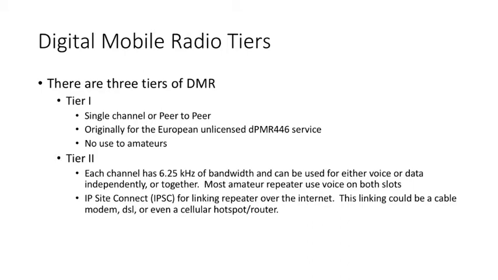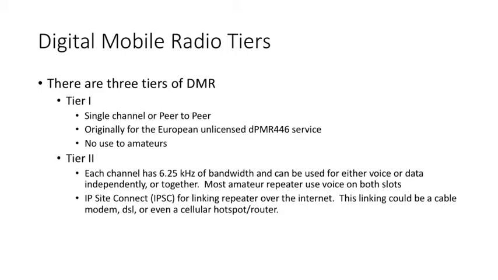You can use each time slot for either data or voice, or a mix of the two. Tier 2 radios are going to be used for repeaters, but the biggest thing is they use what's called IP site connect, IPSC. And this is a way of linking the radios together using the internet.